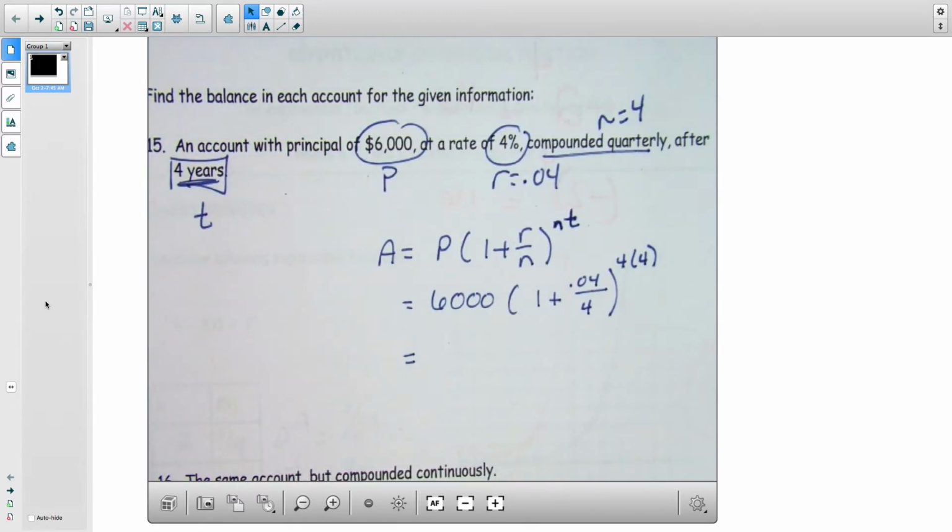What's nice about these graphing calculators is I think you can put it in just like it is. Parenthesis, 1 plus 0.04 divided by 4, close your parenthesis, up arrow 16. Do we need to put in the 6,000 every time? I do the 6,000, yep.